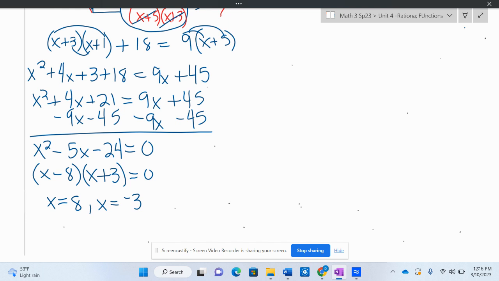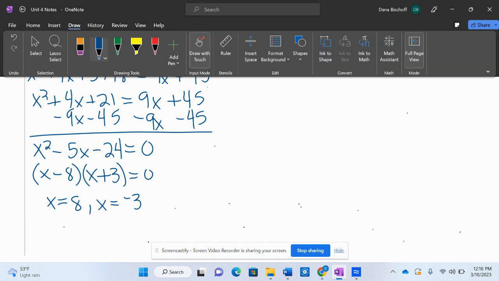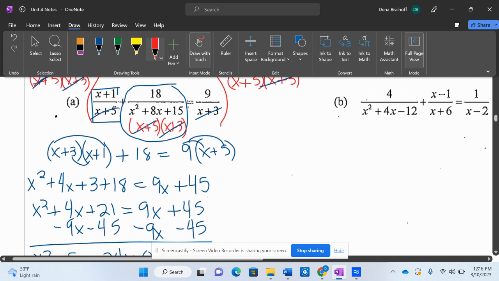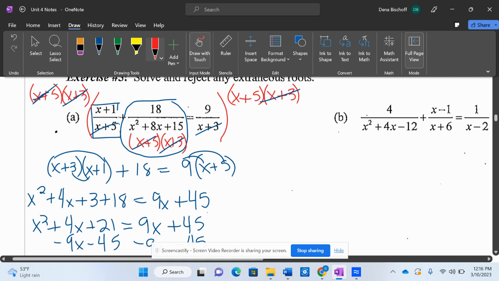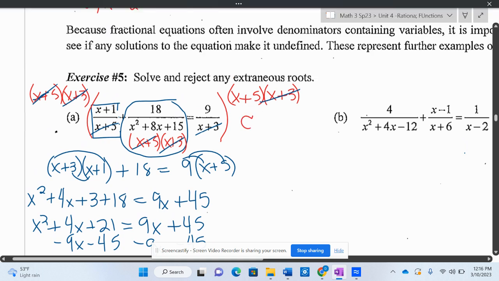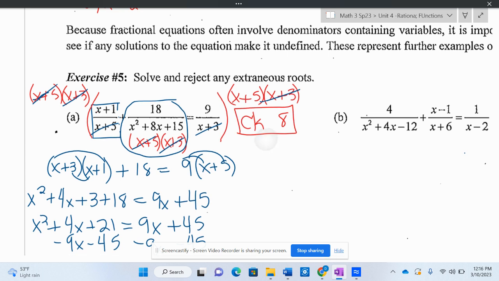So let's check that, okay? You with me? You're falling asleep? So I'm going to check that, and I'm going to go back up to the front, the very original problem. So if x is 8, here's my check. I'm checking 8. If x is 8, I have 8 plus 1, which is 9, over 8 plus 5, which is 13.